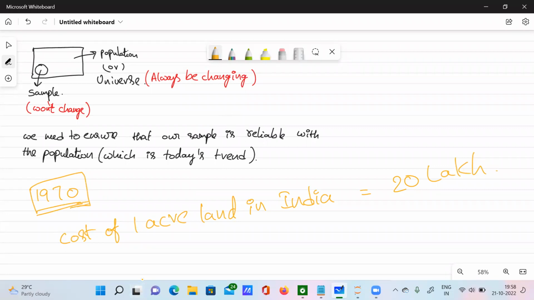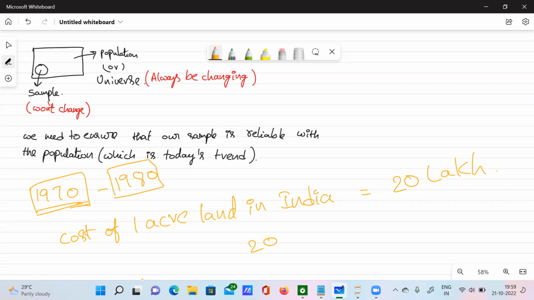Using this data, I want to predict the cost of land in 2022. So the cost of 1 acre of land in India is equal to 20 lakh. This is the data from the 1970 to 1980 period, the data for a 10 years period.